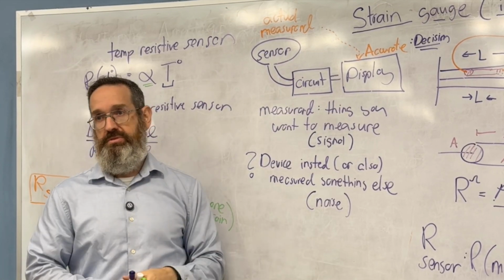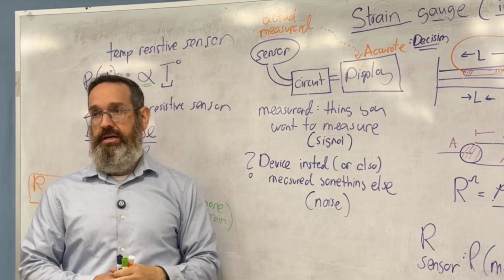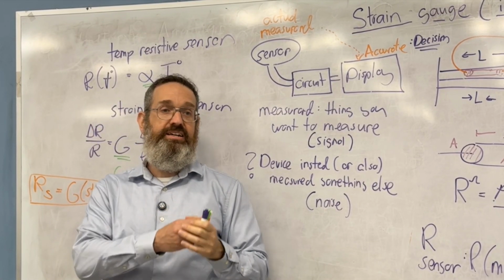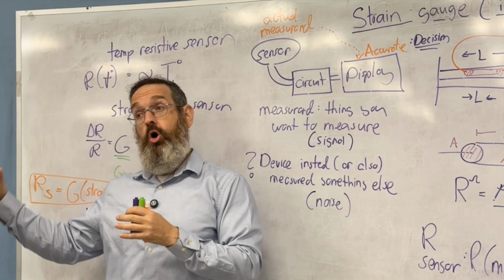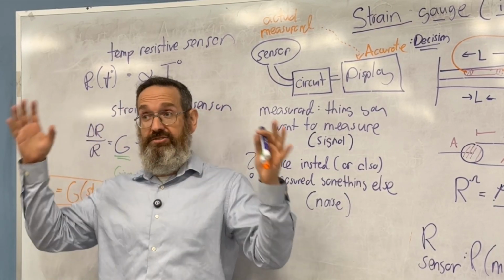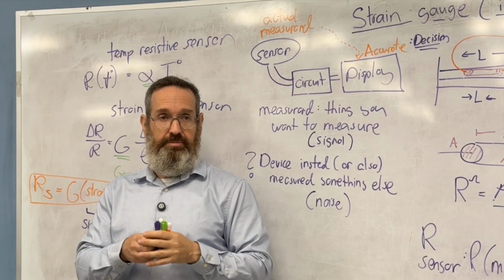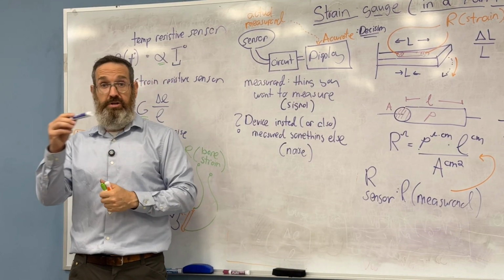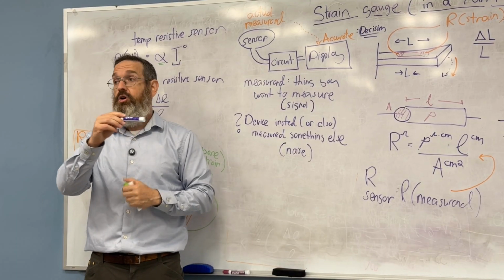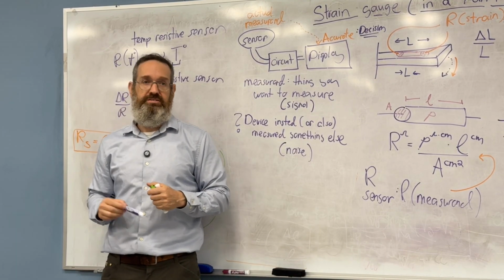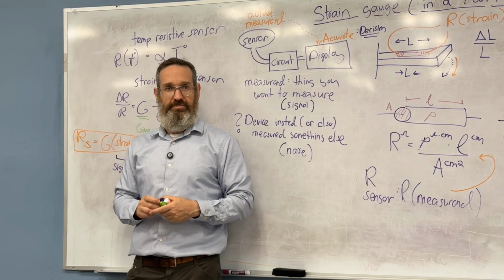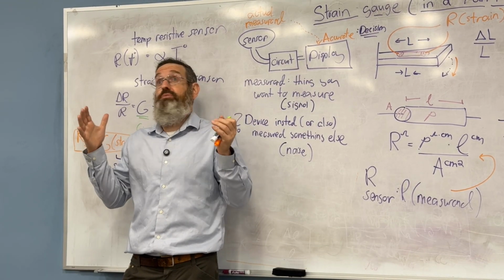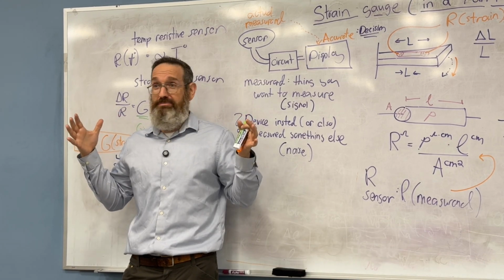That's how the noise creeps in, right? Because the sensor that you used to measure the presence of cancer was also sensitive to temperature. Not the whole instrument, the sensor. The sensor that you made for me to measure my kid's temperature was also sensitive to pressure. It's a huge problem in biomedical instrumentation.